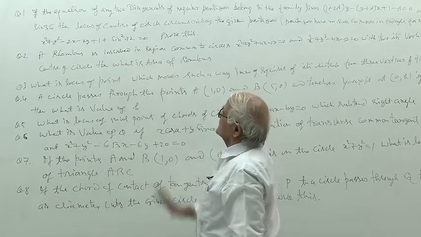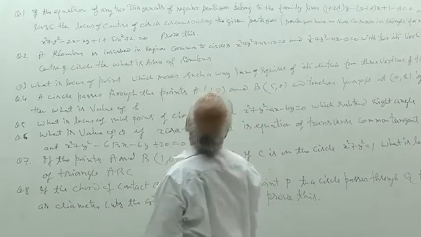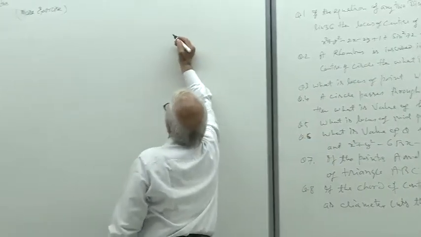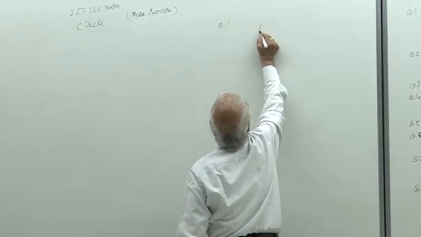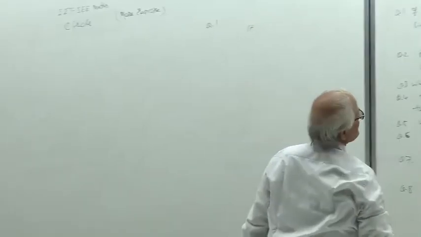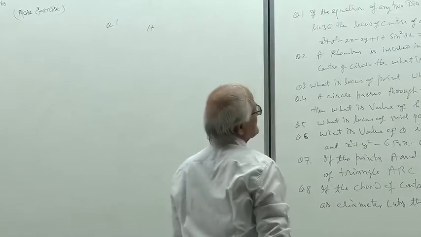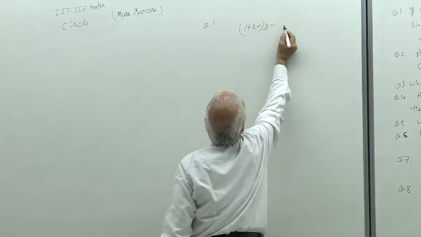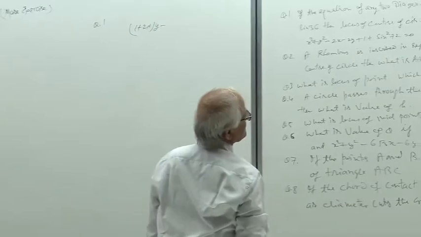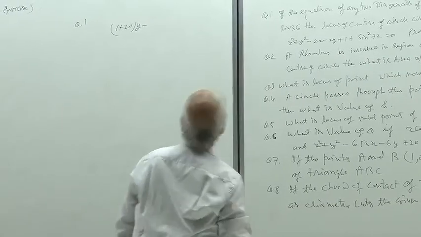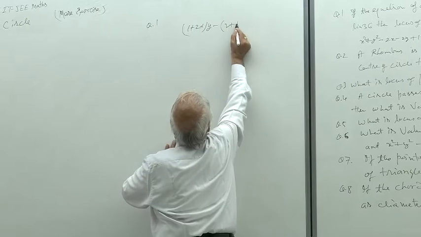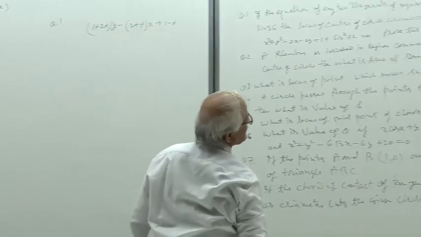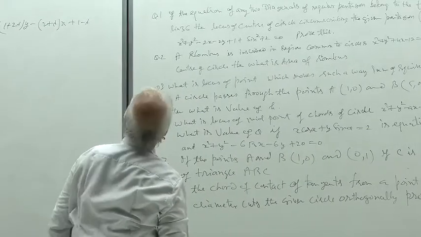Now what we have to prove is the locus. You see, the family of lines given for the diagonals: (1 plus 2 lambda) y minus (2 plus lambda) x plus (1 minus lambda) is equal to 0.